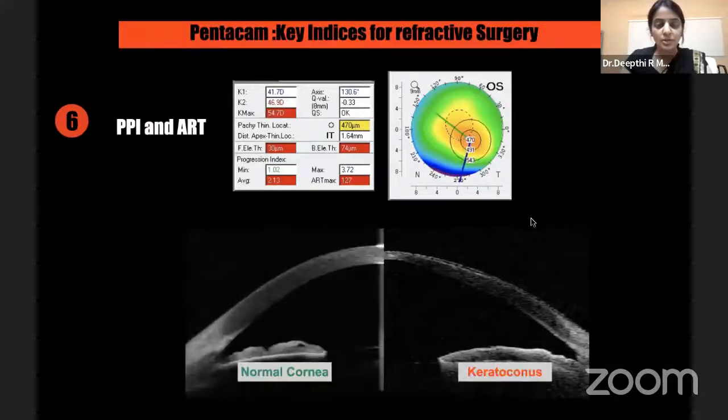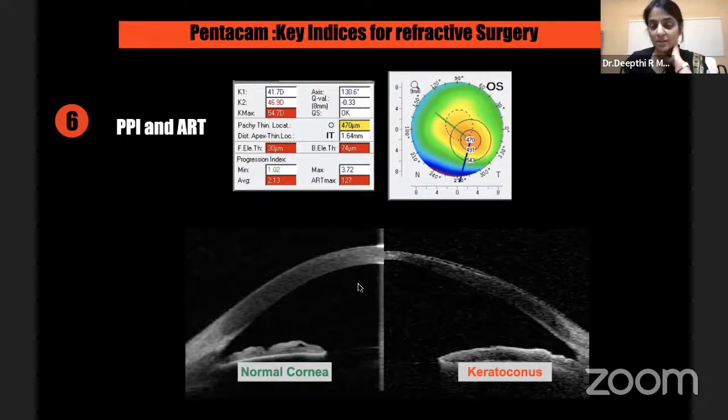Now, these are the two indices which have been talked about in a lot of research publications, that is PPI and ART, and they have been quite sensitive in picking up early forme fruste cases. So I just want to elaborate on this one concept of progressive maps in the Pentacam. On the left side is a normal cornea, and on the right is a keratoconic cornea.